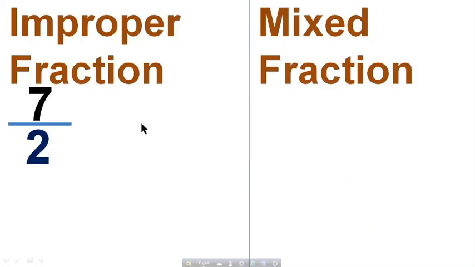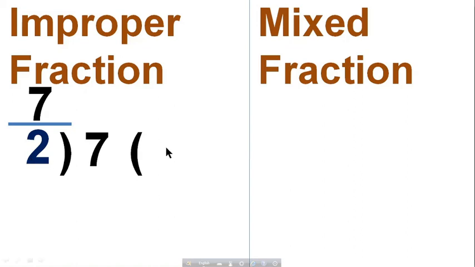Similarly, we will again convert the improper fraction into a mixed fraction by dividing these two numbers. That means we will divide 7 by 2. If we divide 7 by 2, we get here 3. 3 2s are 6.